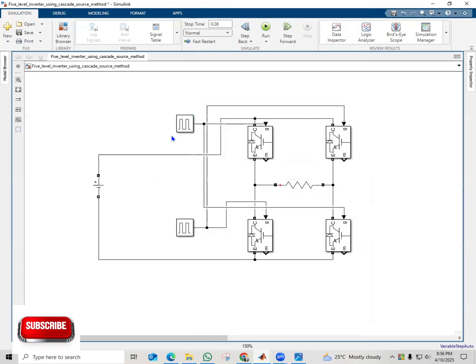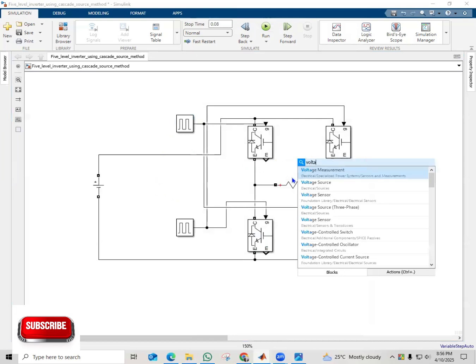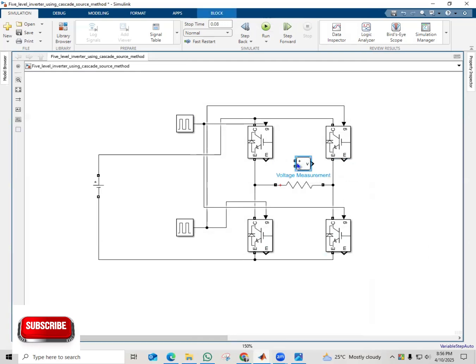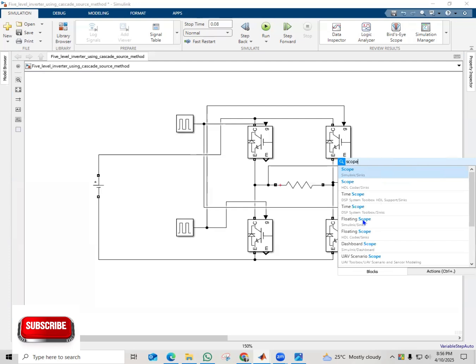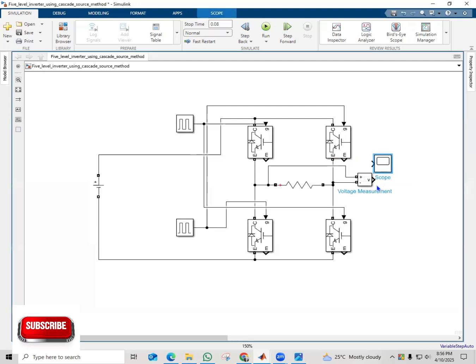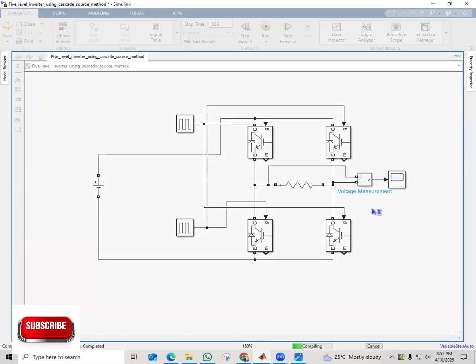Okay, now I need a voltage measurement to see the voltage level applied to the load resistor, and I need a scope here. Okay, all of the system is ready. Now simulate this. It will take some time and we'll get the actual result.